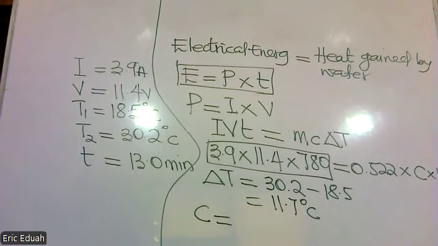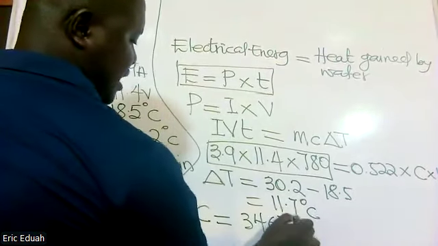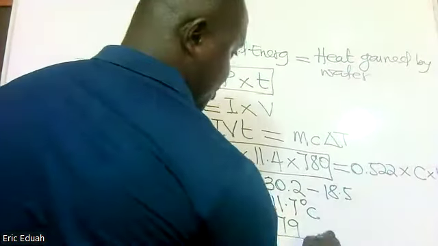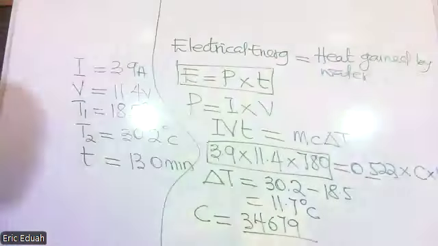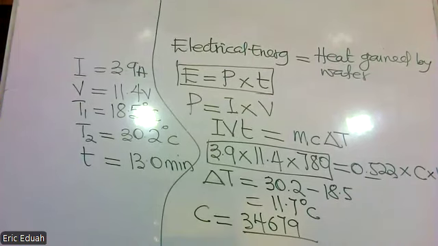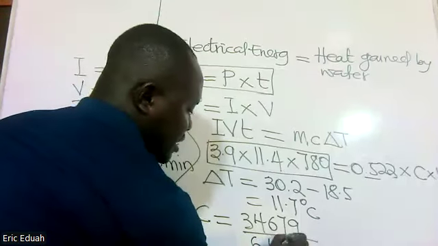34,678.8. I'm running it, divided by this times this. 0.522 times 11.7 is 6.1074.